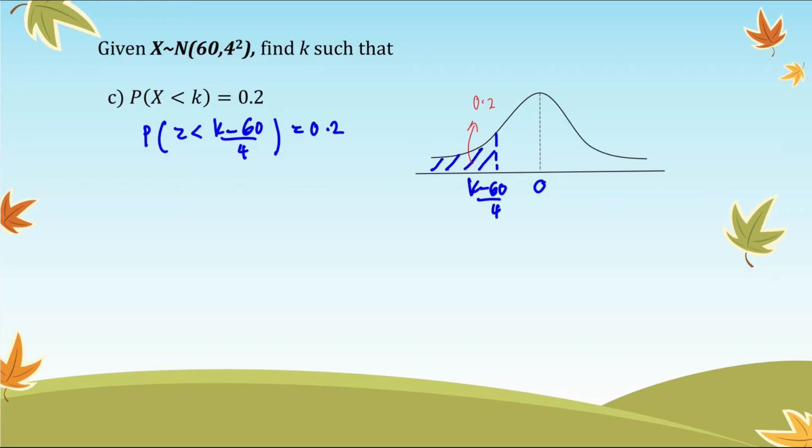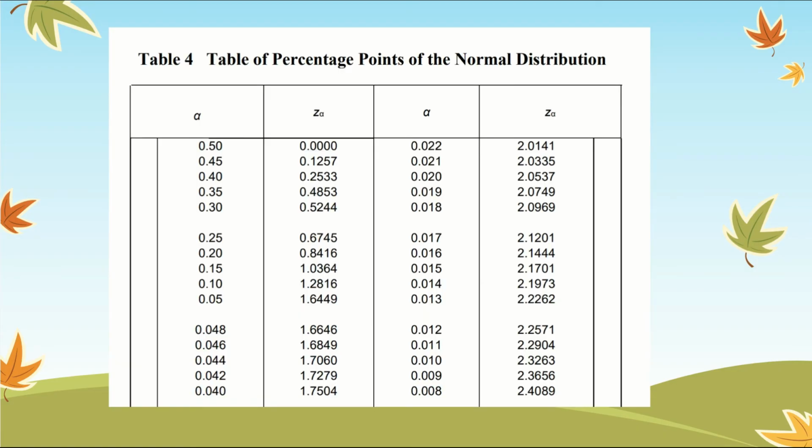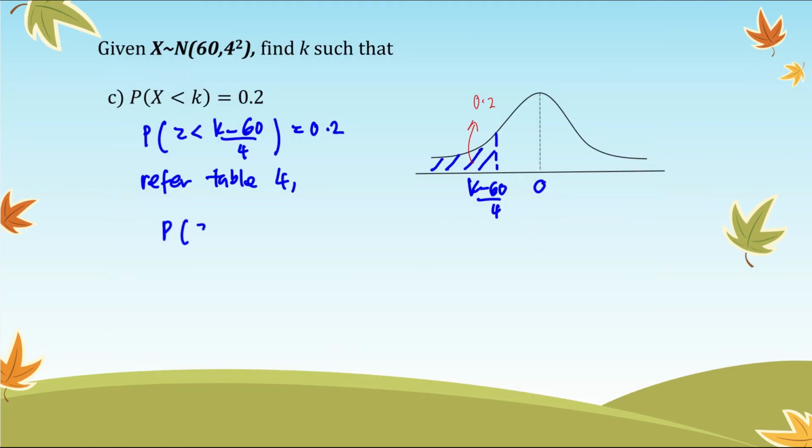Now we can refer to table 4. For table 4, at 0.2, the z-score is 0.8416. We can write P(Z less than 0.8416).